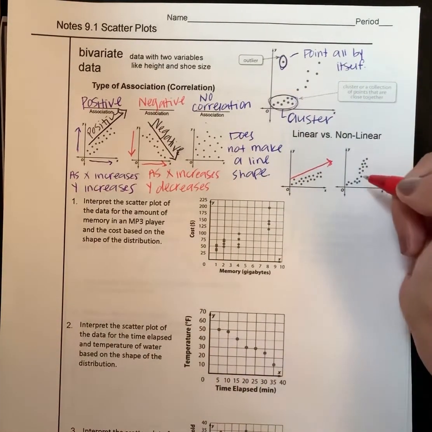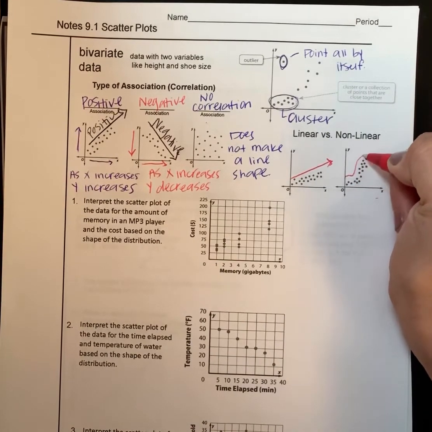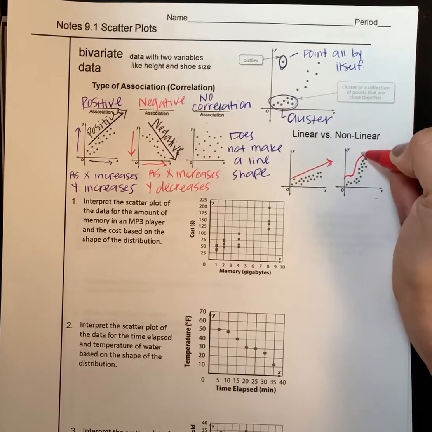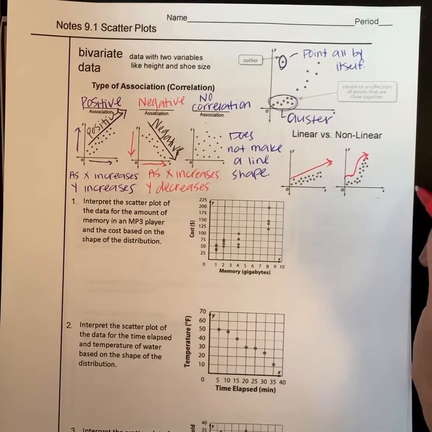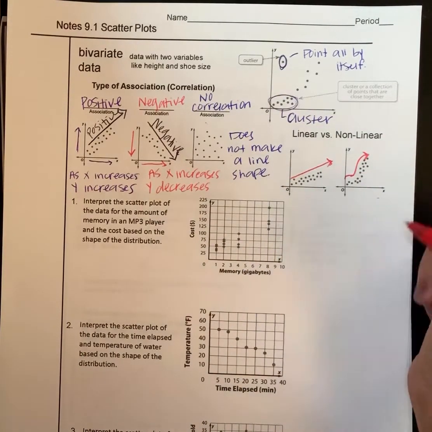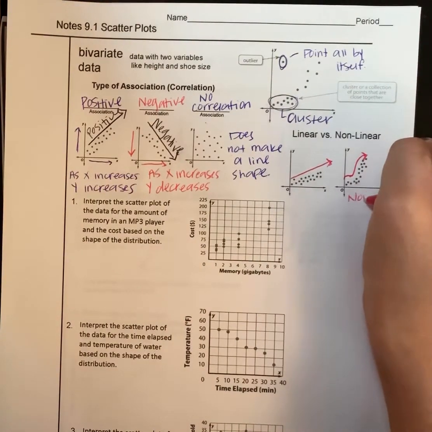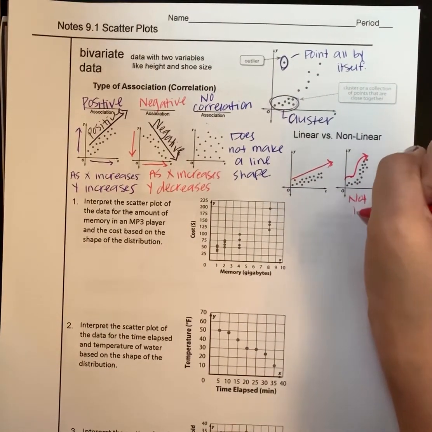However, if we follow the data in our second example, we notice it makes like a curve. But regardless of whatever shape, this is not a straight line, so this is not linear.